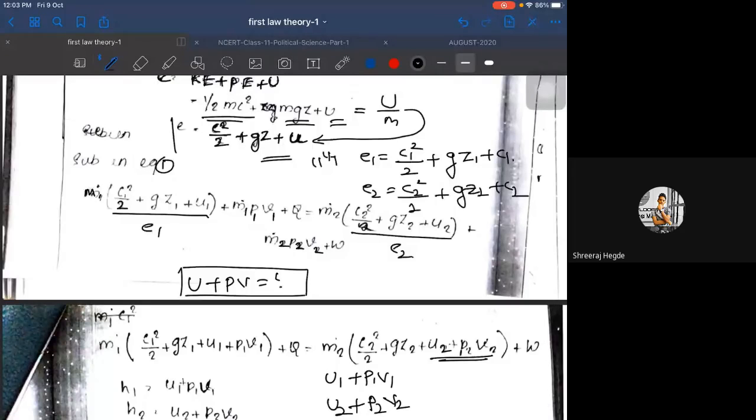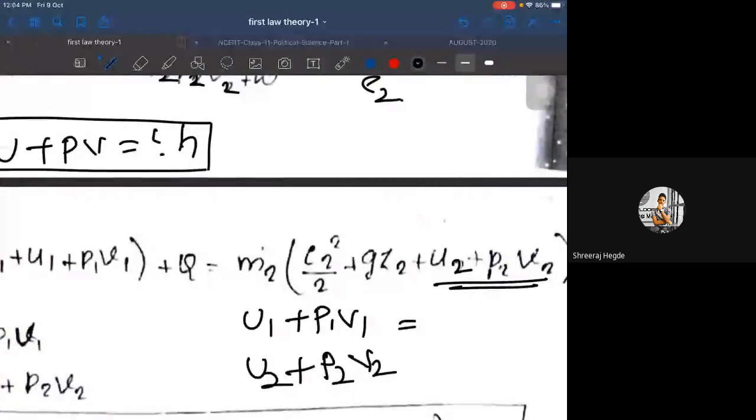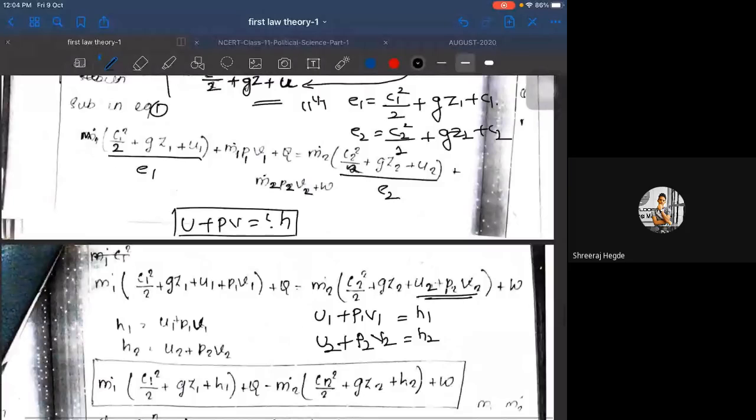Yes? H. Exactly. So U plus PV is nothing but your enthalpy. Suppose I take section 1, U1 plus P1 V1 will become H1 here, and U2 plus P2 V2 will become H2. Simple. So I will be replacing this particular term with H1, and this particular term with H2.